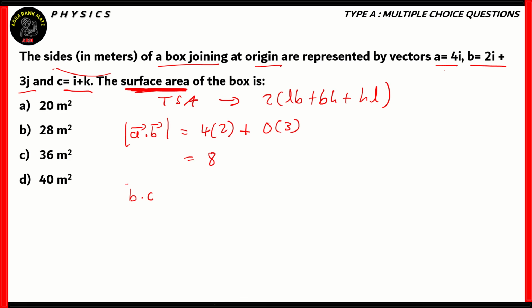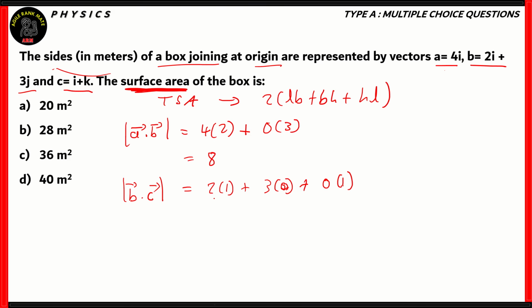Similarly, if you look at the dot product of B and C, then you can write it like this. You have 2 times 1, because you have 2i and i respectively. There is no j in vector C, so it'll be 3 times 0. And there is no k in vector B, so that will be 0 times 1.